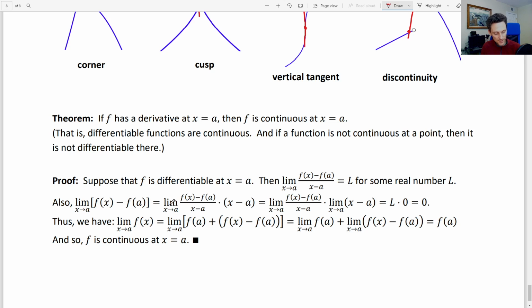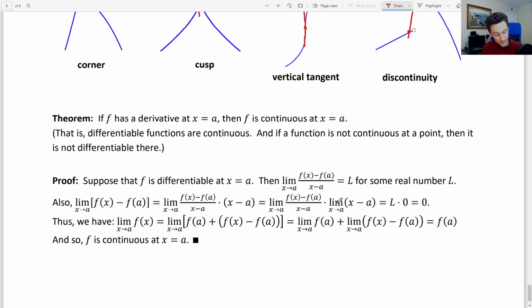So all we have to do at this point is split up the limit into the limit of the first factor times the limit of the second factor. This is using one of the limit laws. So here's the first limit times the second limit. The first limit we know is equal to L because f was differentiable, and that L was just what we called the derivative at x equals a.